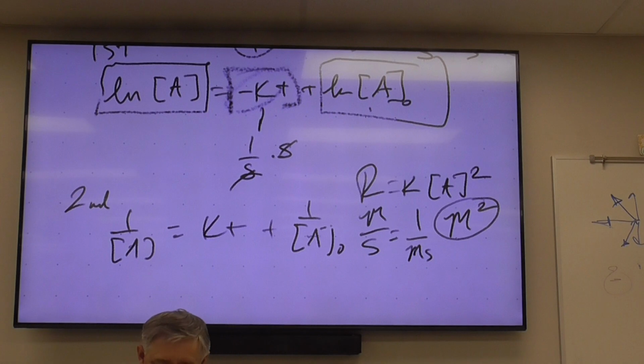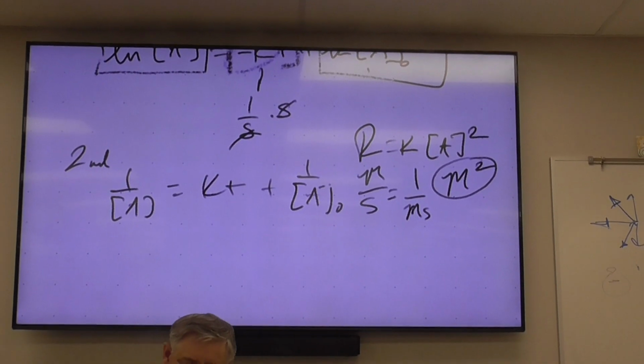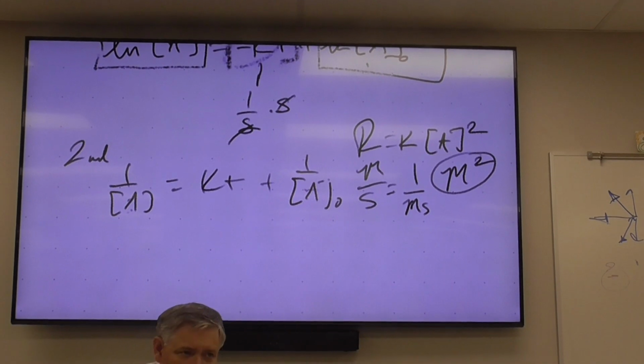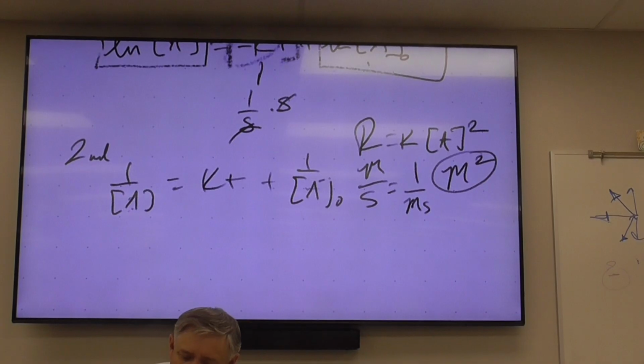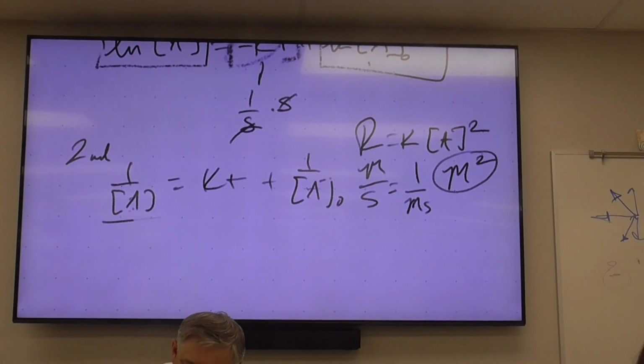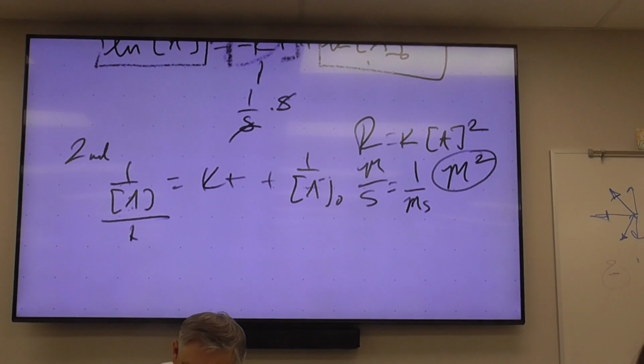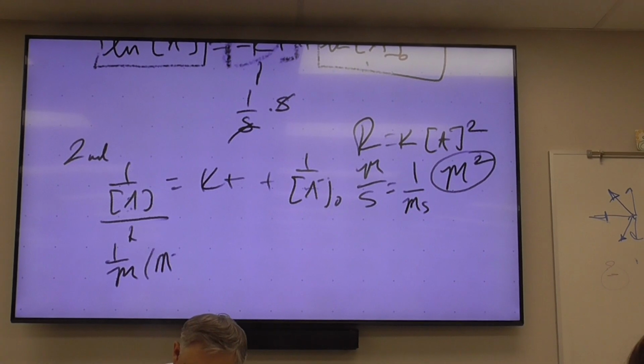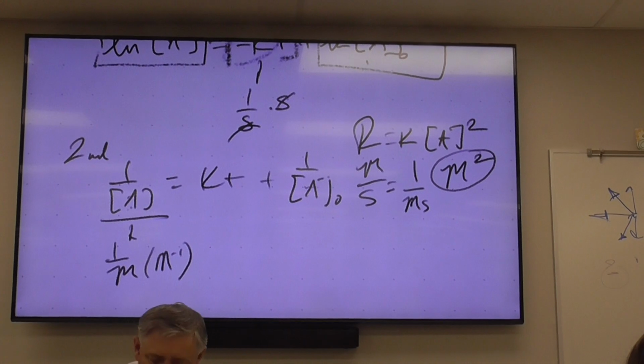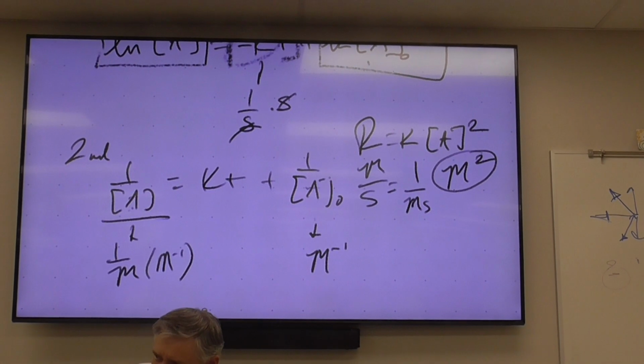Cool with that? Now, here's the story. This is going to be 1 over A, which is going to be 1 over molarity. So this unit over here is just going to be, you could either write it as 1 over molarity, or you can put it as molarity to the negative 1. This also has to be molarity to the negative 1.